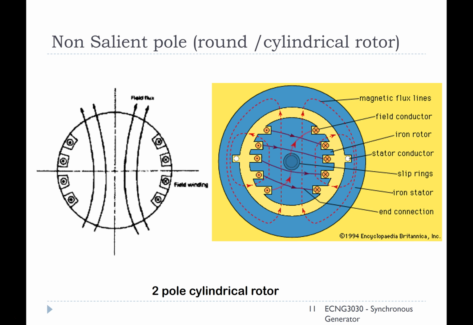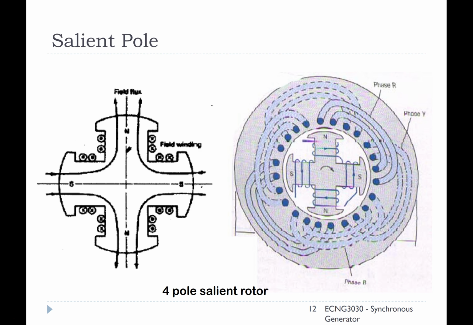So the cylindrical rotor, again, we place the conductors within the body of the cylinder, and the salient pole, we simply wrap it, and the wrapping direction of the windings has to produce poles of alternating polarity going around the coil.